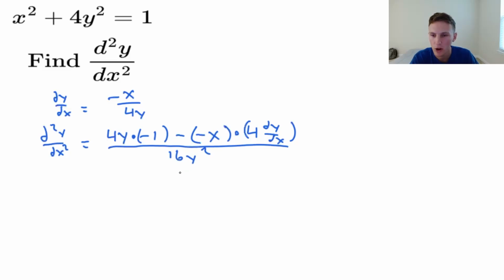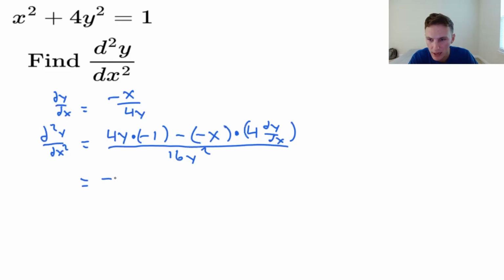Okay, so now we got to simplify this, and this dy/dx here, this is going to be the trick you have to use with these implicit differentiation type of problems. You see how we have dy/dx from the previous derivative? It's weird. We're going to actually plug this in to here. Okay? So I'm going to show you how this works. So now we just kind of simplify things.